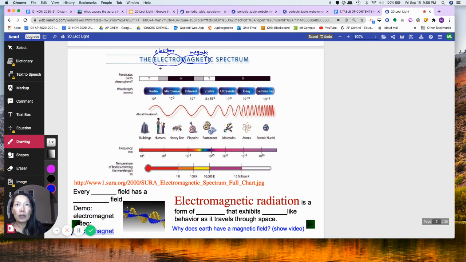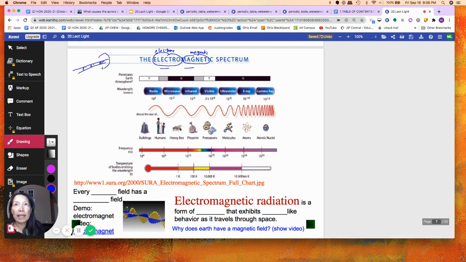The reason they put those two together is because every time you have a cord and you have moving electrons inside that cord, there is an invisible magnetic field around this cord. Okay, they always go together. It's just a law of nature. So every electric field has a magnetic field associated. That's why it's called electromagnetic.